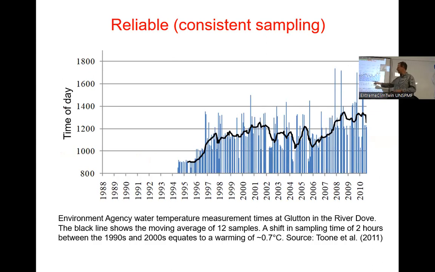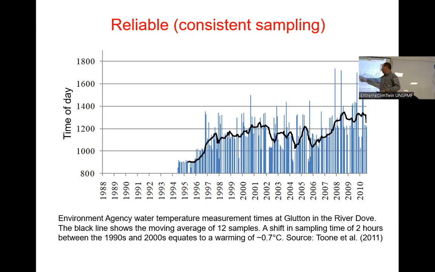What we've got here is the date, and this is the time of day at which the water temperature sample was taken by the field officer. The story is that in the 1990s, the field officer would take the water temperature at 9 o'clock in the morning, just after breakfast. And then by the mid-2000s, they were taking that same water temperature sample at lunchtime.